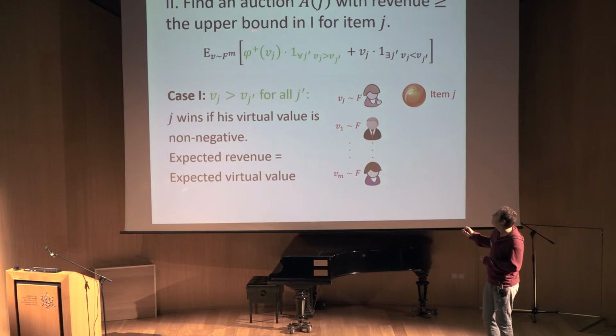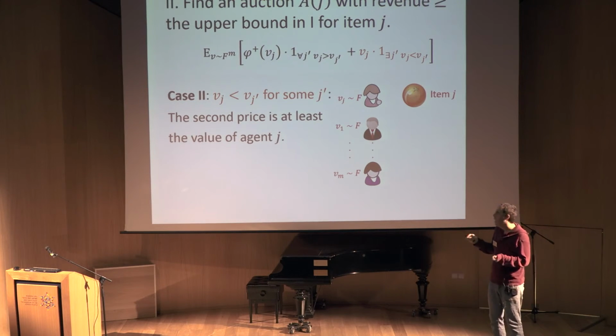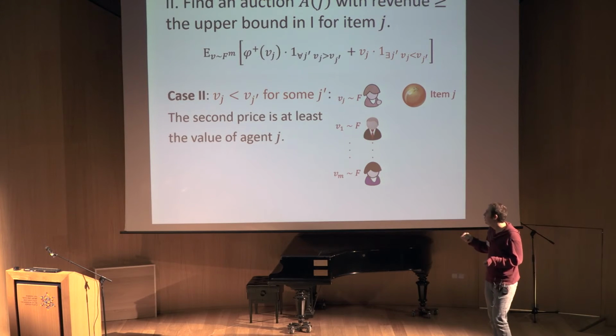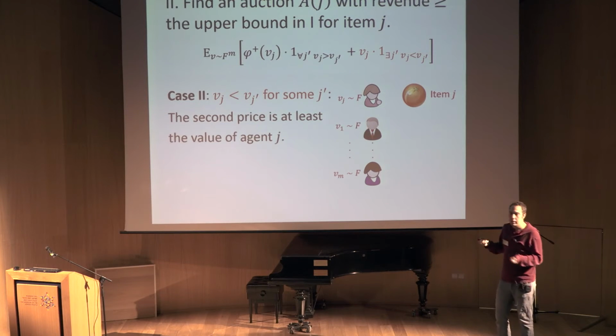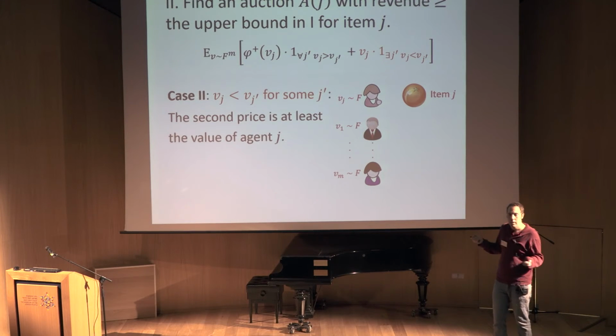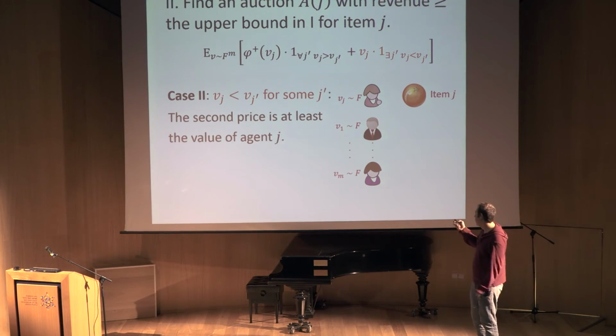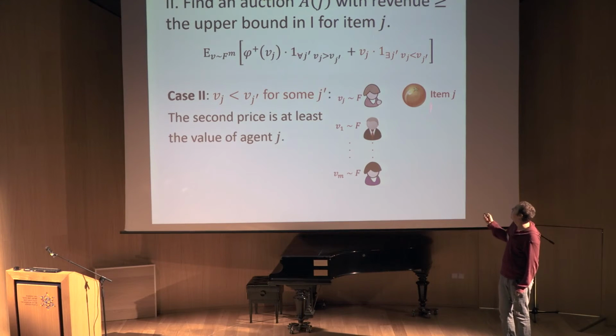We get the positive portion of the virtual value. The second case is that there is some bidder with a higher value than agent J. And in this case, we use the fact that the second price is larger or equal to agent J's value because he is not the highest bidder, he is at most the second highest bidder. So in this case, we know that the winner paid at least agent J's value because it's a lower bound on the second price. So we covered the benchmark for item J with this auction.